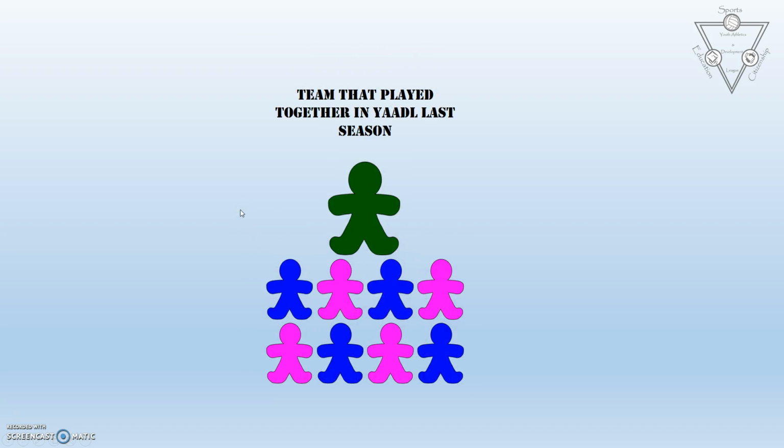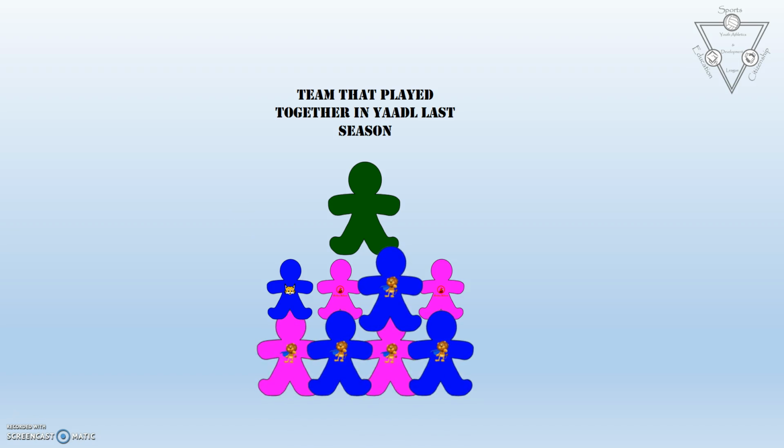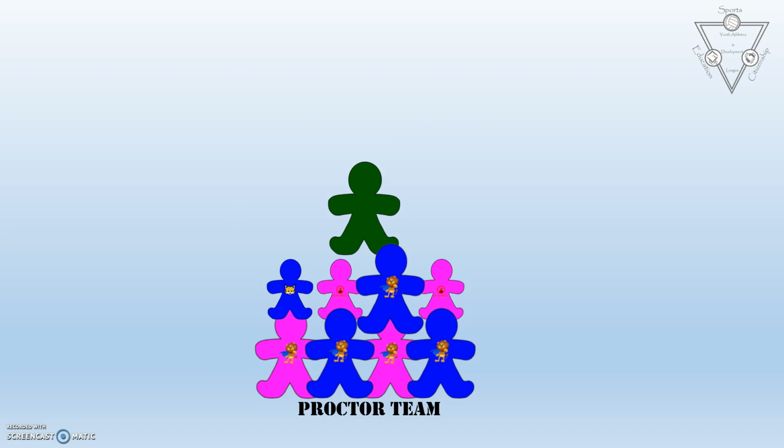Finally, we come to our team that played last year. Again, we look at where all the students go to school. In this situation, the majority go to Proctor, so this team would be attached to Proctor. Now, the question is, since this team played last year, what happens if the coach that was with them last year isn't able to coach this year and instead gets replaced with a new coach?